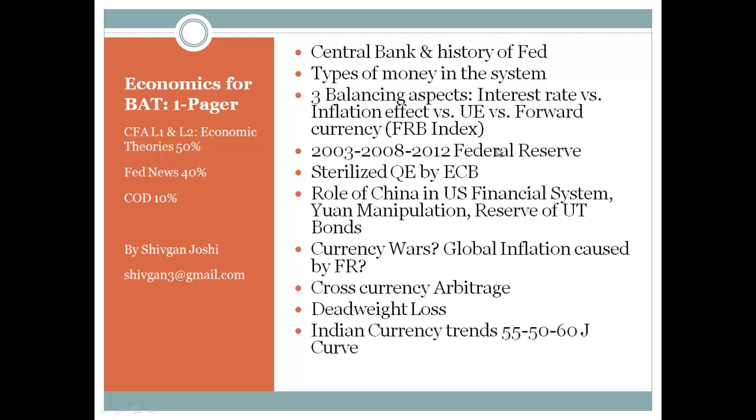But what actually happens is that if you are a financial engineer, or if you understand things like the forward currency bias index or some other indexes based on arbitrage theories, then you can actually bet that some of the things we believe should happen in the future will not happen. I'll talk about this forward currency bias index in some time.